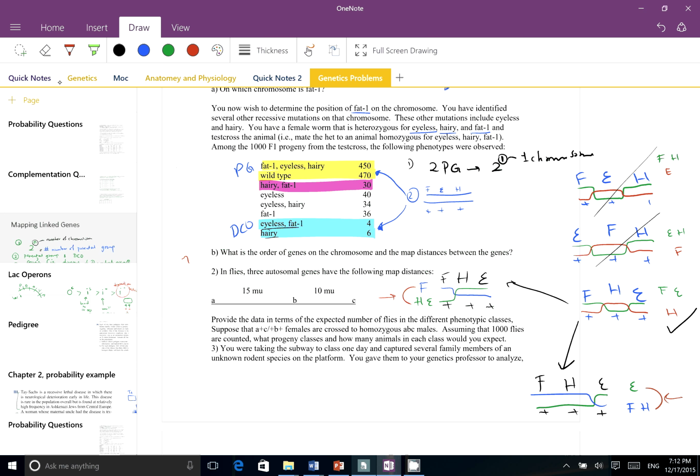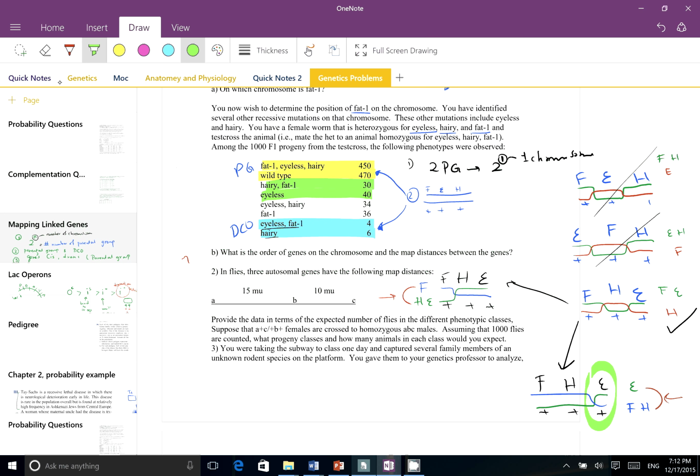Make sure when you have numbers that are close to each other that you do single crossover for each and then you highlight. So for E, when E is the one that crosses over, I will get eyeless and I will get fat and hairy.